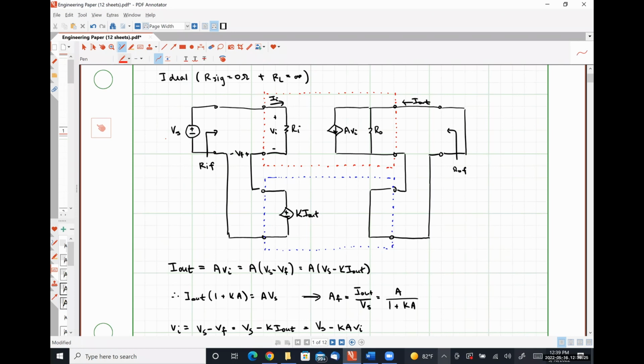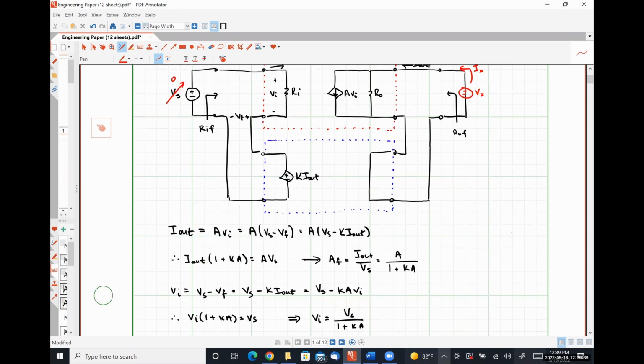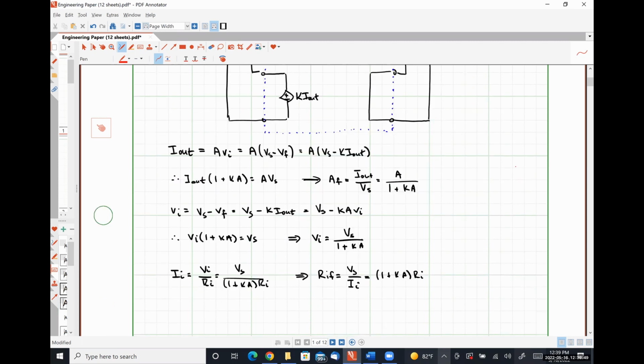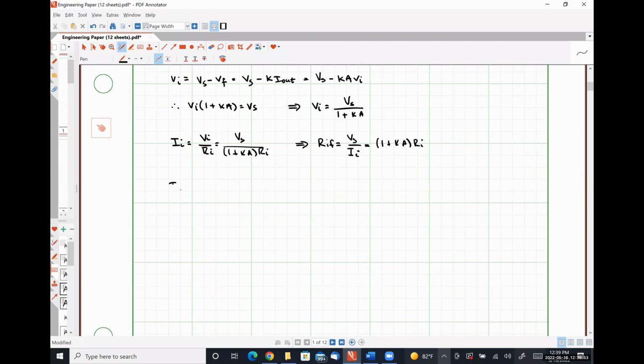So in the case where this is 0 and we place a test voltage here, applying Kirchhoff's current law, we can see easily that IX is equal to I out, which is A times VI plus Vx over R naught.